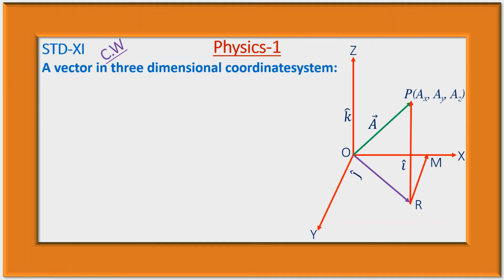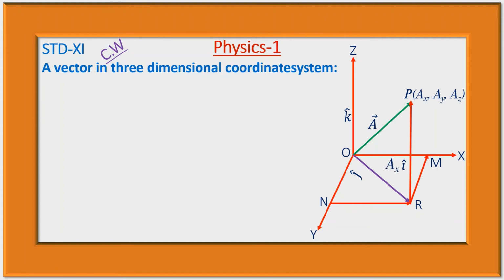That is, RM is perpendicular on the OX axis from point R. And here NR is perpendicular on the Y axis from point R.